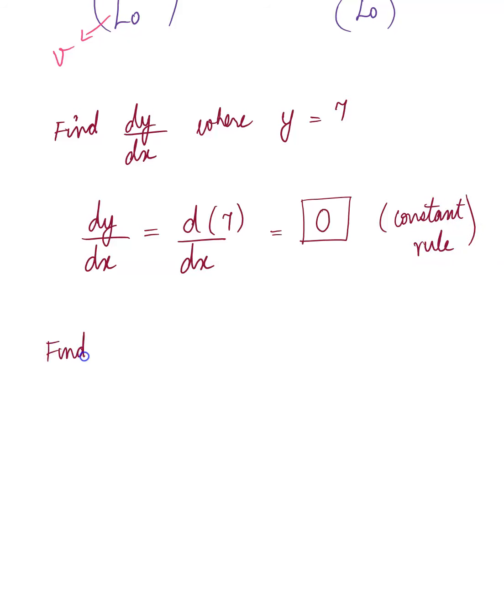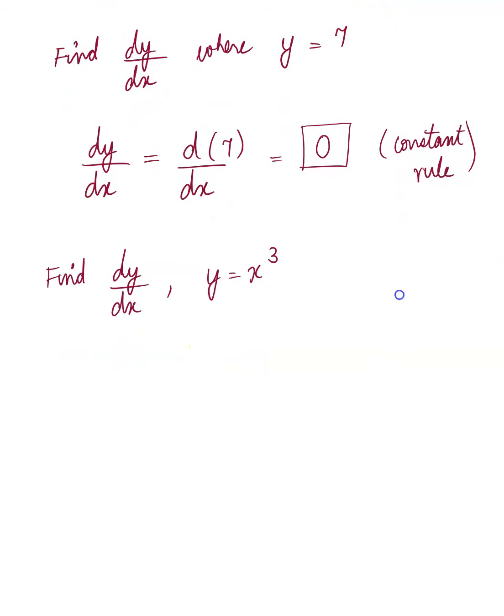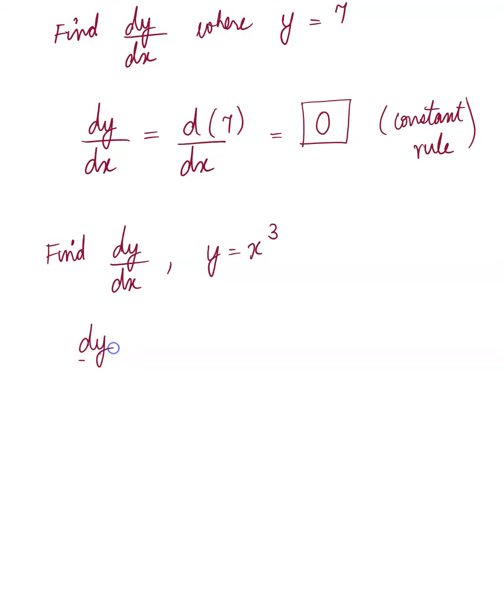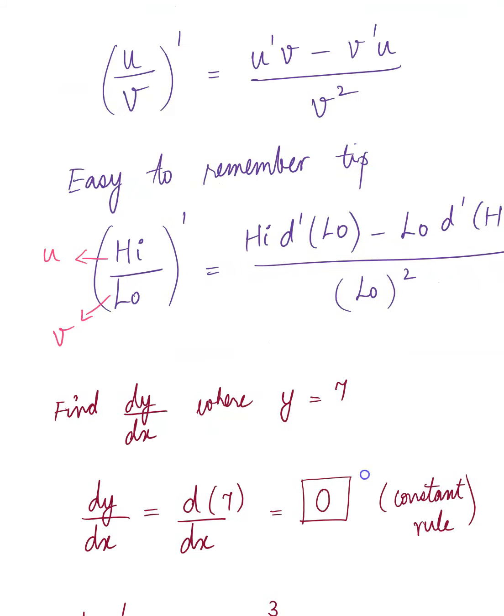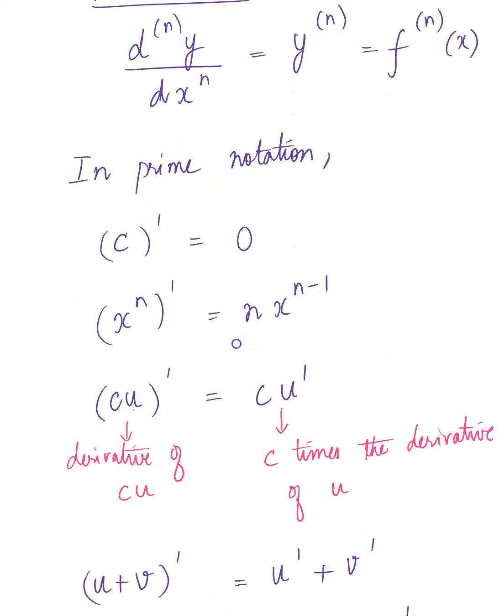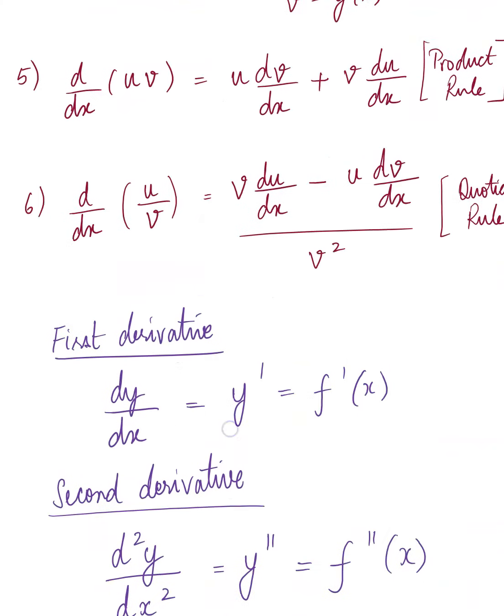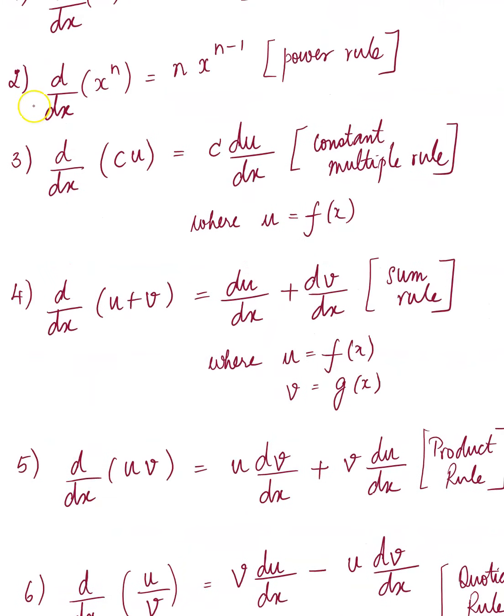Next problem says find dy over dx, and y is given to be x cubed. Once again, dy over dx is what we need to find, and in the place of y I plug in x cubed. And then I go back to the rule that says if I had x power n, that's the second rule, then the power rule says it's n times x power n minus 1.